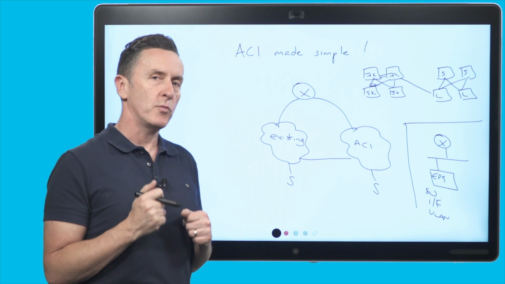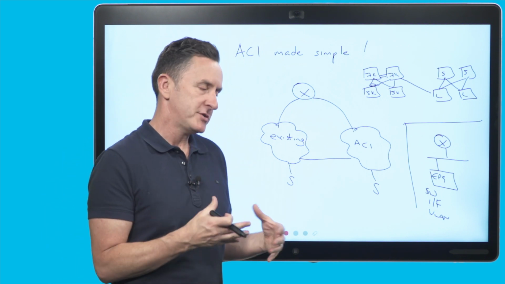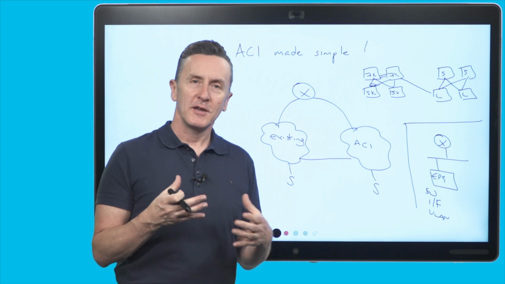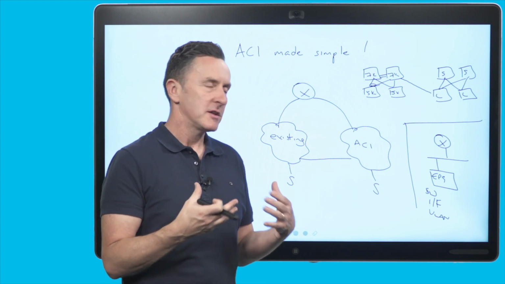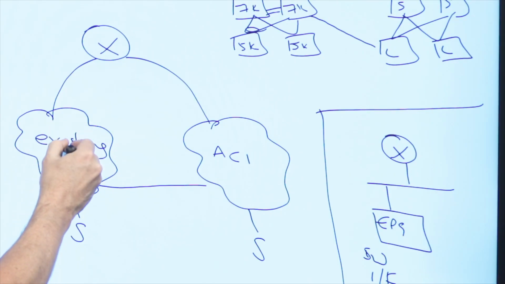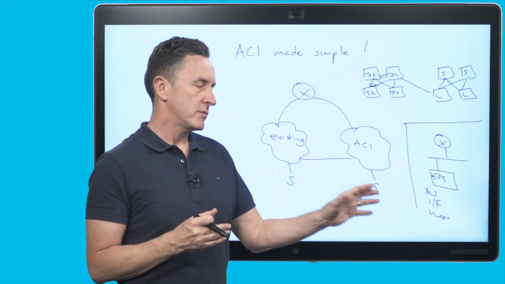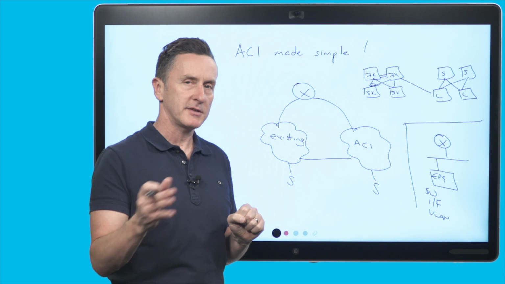Customers then want to consider, where does the default gateway live? This is very much a personal, human way of thinking about things. My personal view is that I would move my default gateway off of my existing infrastructure and onto ACI as the first step. Other customers would say, no, I want to move my gateway as the last step.